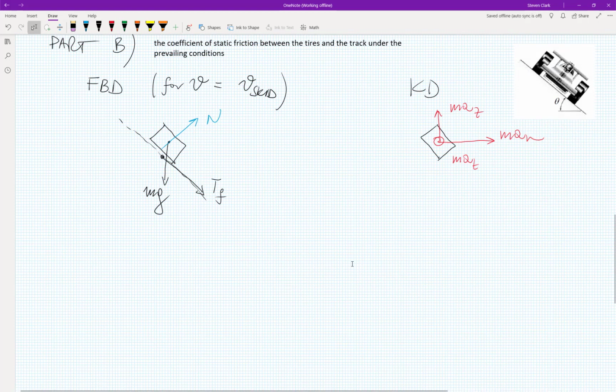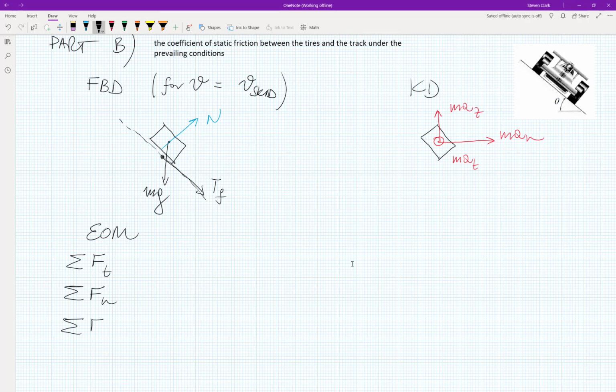Okay, so what now? Now equations of motion, yeah? EOM. So we have sum of forces in the t direction, in the n, and in the z direction. Okay, again, no forces in the t direction. 0 is equal to m a_t.